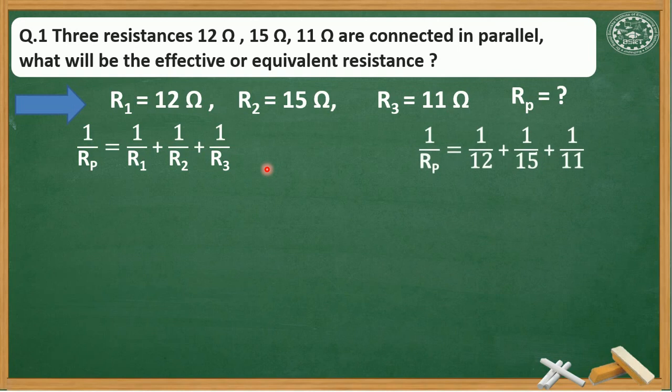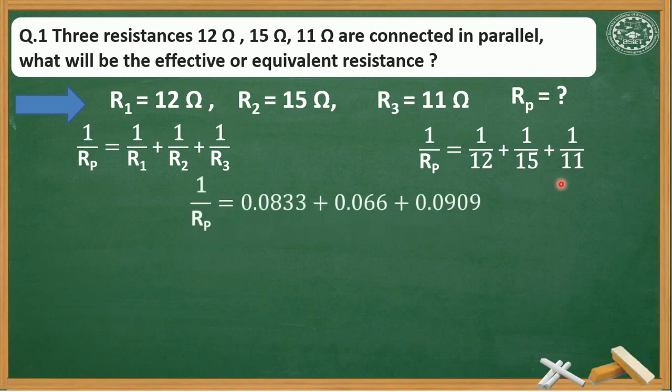Put the values. We have put the values of R1, R2, R3 in this equation. And calculate. We get 1 upon Rp is equal to 0.240. This is the value of the reciprocal of Rp, but we are asked to calculate Rp.